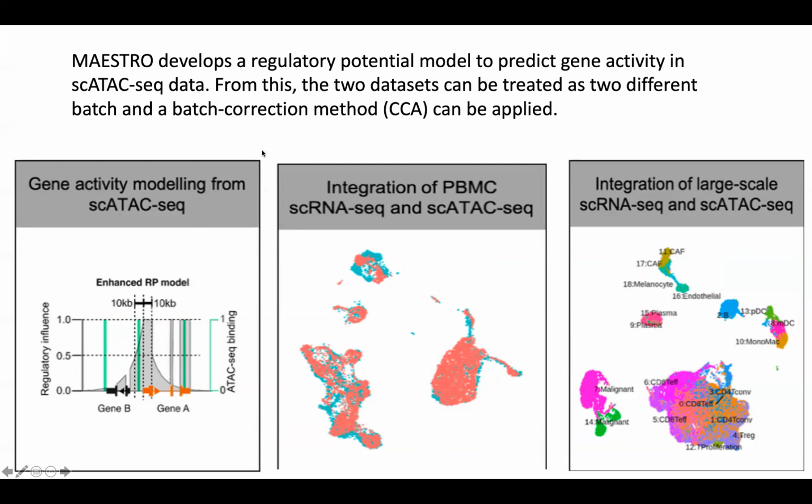From that, you do batch correction between the real gene expression and the fake gene expression. For example, the blue might be single cell RNA-seq and the red might be single cell ATAC-seq. If you know the cell type labels for the blue, then you can do something like K nearest neighbors for the red to annotate cell types for the single cell ATAC-seq, which, like we said, is more difficult.